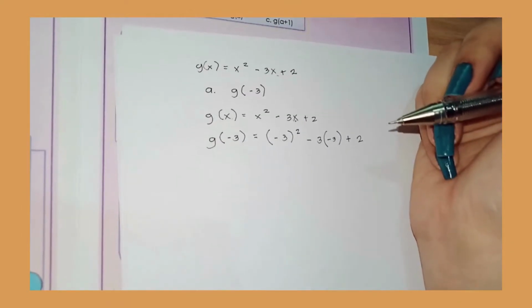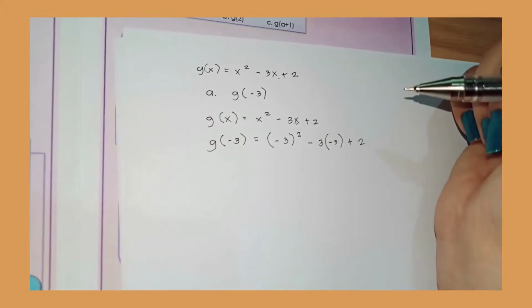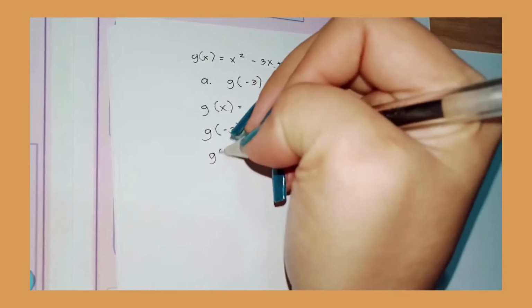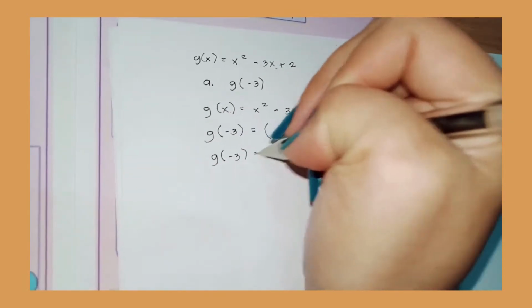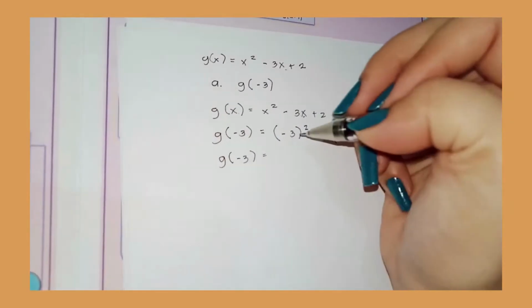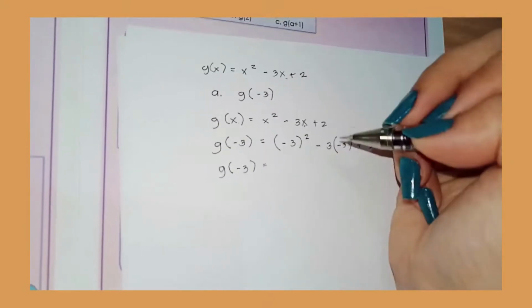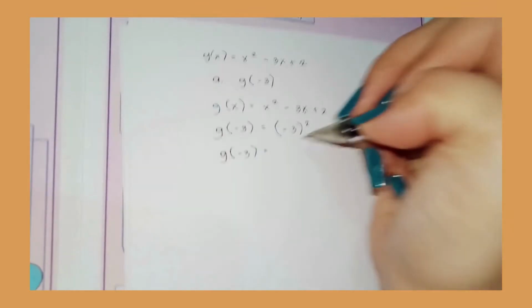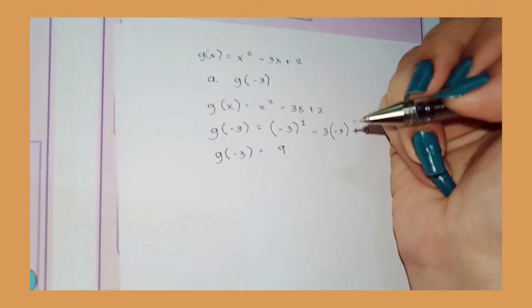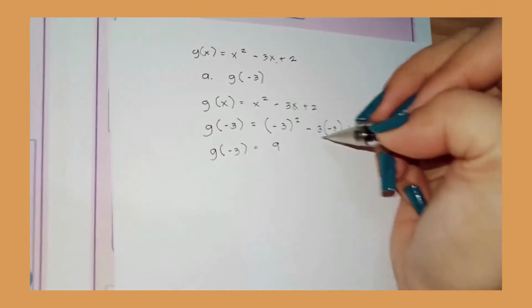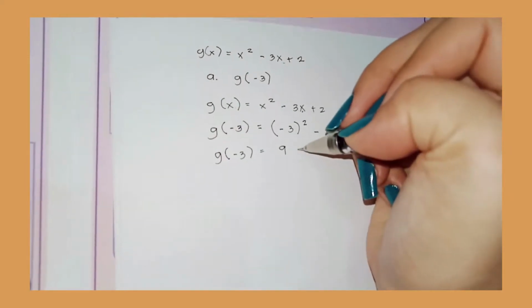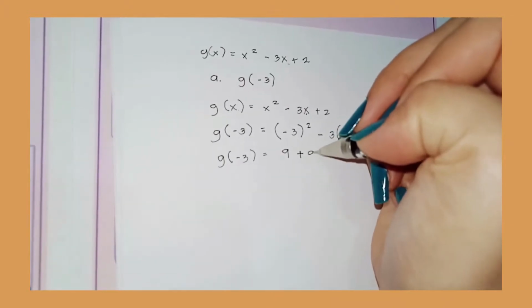So, after nating palitan or i-replace yung value of x, we need to evaluate it by solving. What is negative 3 squared? So, kapag sinolve natin kung ano yung negative 3 raised to 2, the answer is positive 9. Next, negative 3 multiplied to negative 3, the answer again is positive 9.